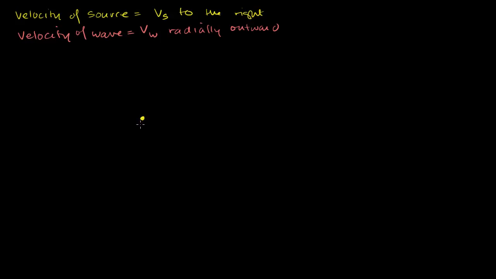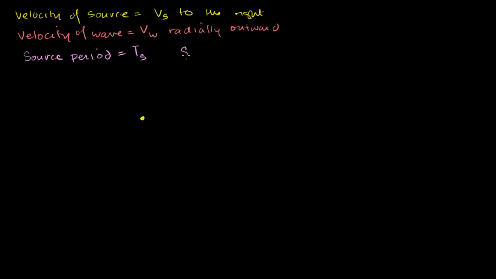We're not going to be talking about relativistic speed, so we don't have to worry about all of the strange things that happen as things approach the speed of light. So let's just say that it has some period. The source period, which is the period of the wave from the perspective of the source, we'll call it t sub source.